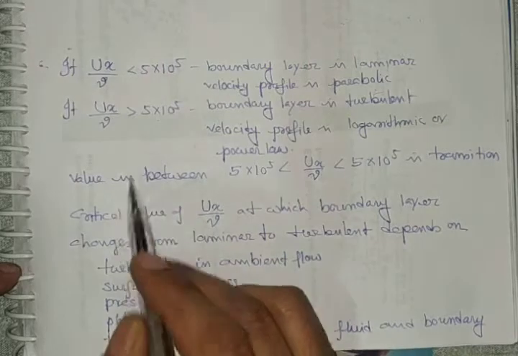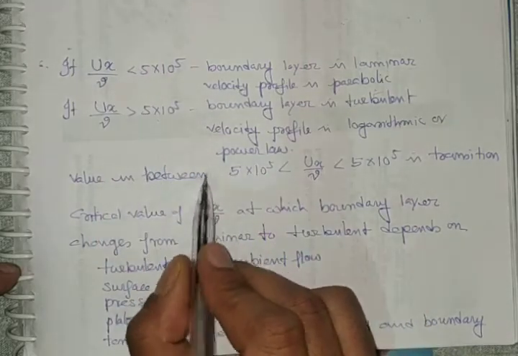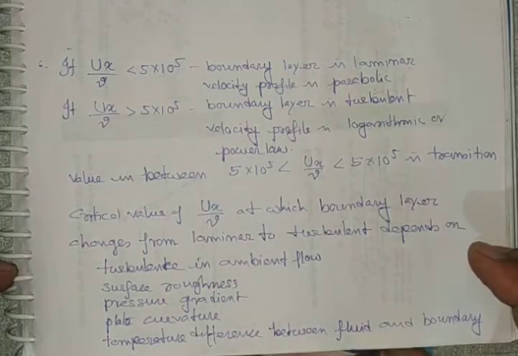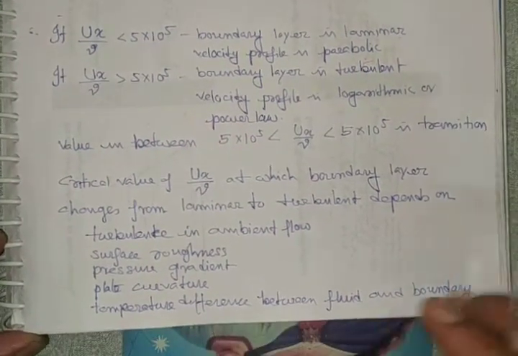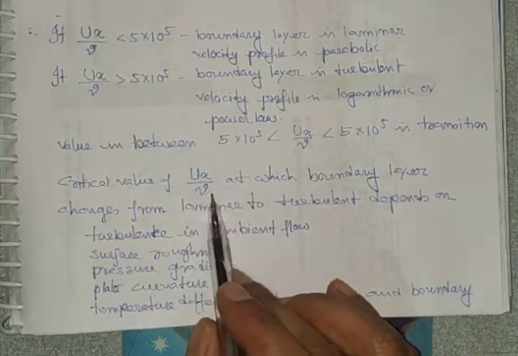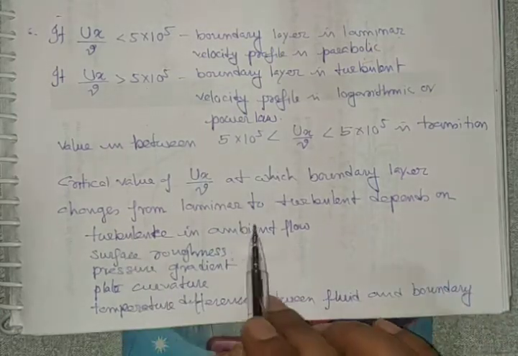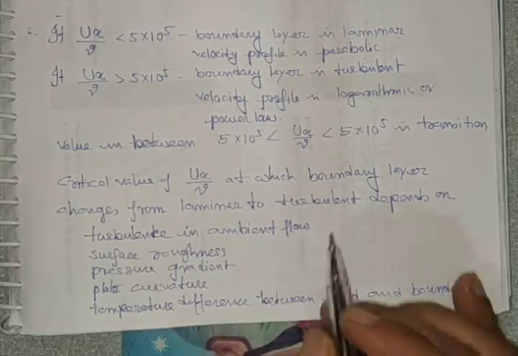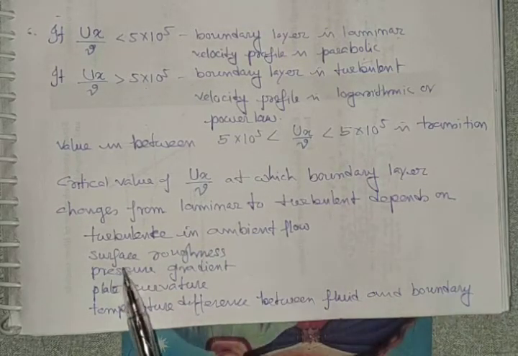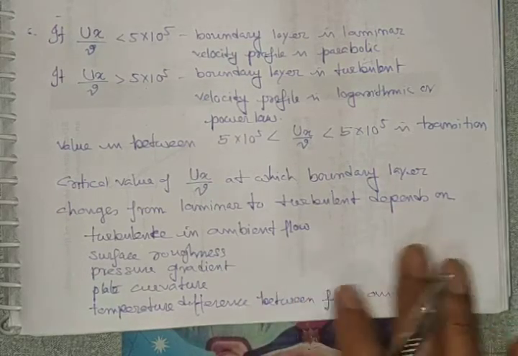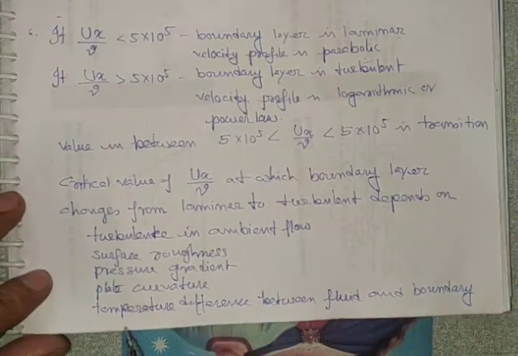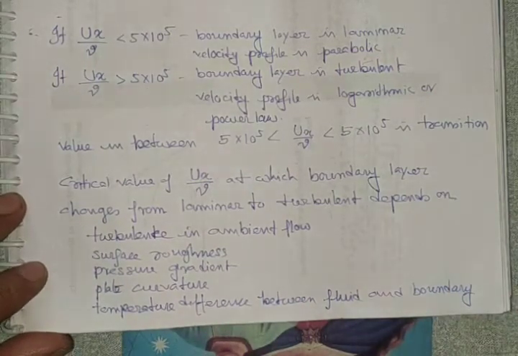And if this value falls between these two, then it is called transition. The critical value of Ux by nu at which the boundary layer changes from laminar to turbulent depends upon a few factors like turbulence in the ambient flow, roughness of the surface of the body, pressure gradient, plate curvature, and temperature difference between the fluid and the boundary.